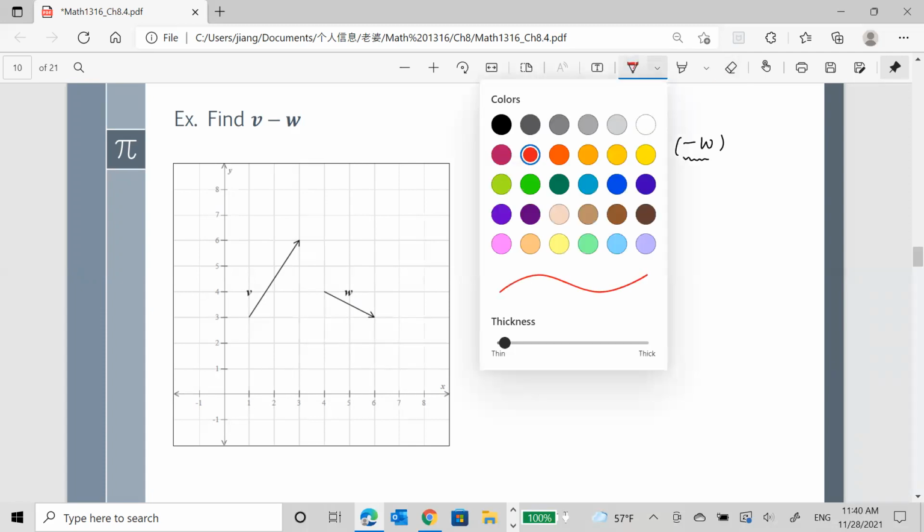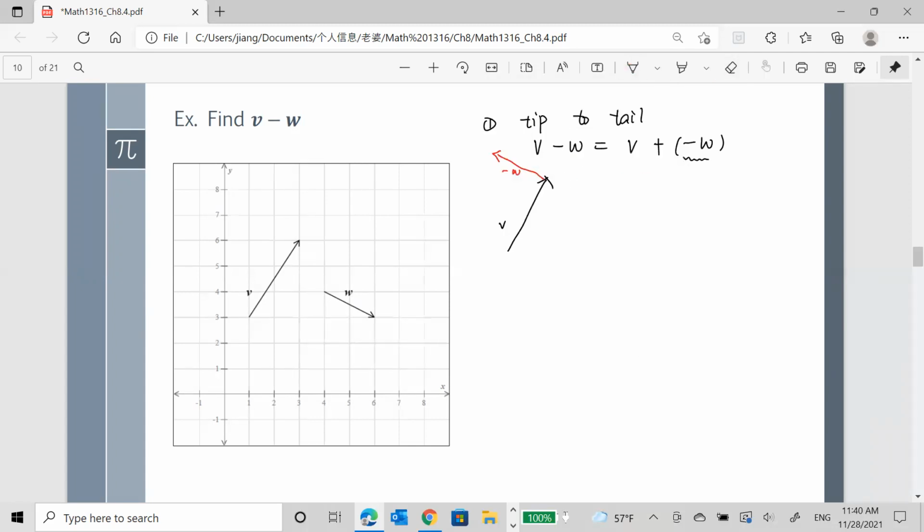The sum of these two is tip to tip, tail to tail. So let me move this V here. The sum of V plus negative W is from here to here, tail to tail, tip to tip. So we find V minus W.